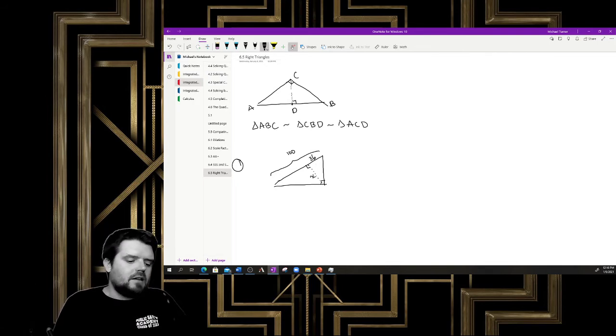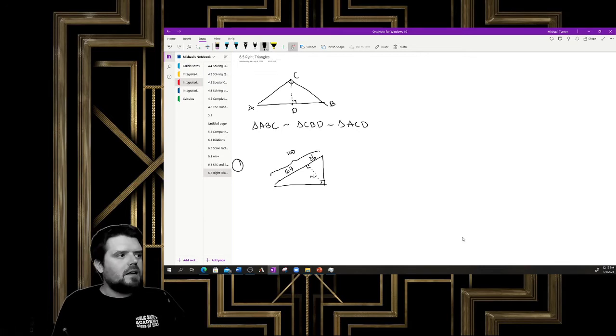So I'm looking at the big triangle here, and then I'm looking at the small triangle inside using those similarity statements. So for the larger triangle, I have 100, but I don't have any other side. For the smaller triangle, I have 36 with no other side. So because of that, I'm going to fill in the missing value, 100 minus 36, and that would give me 64.